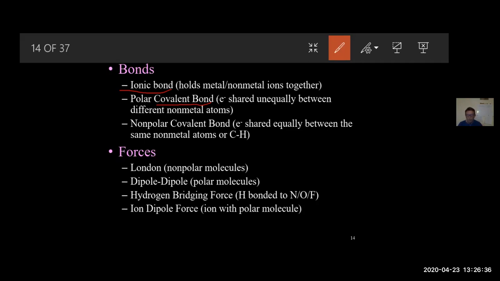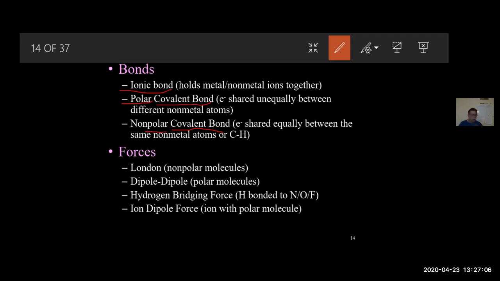If you have non-equal sharing because of electronegativity, in other words, two different atoms, you end up with a polar covalent bond. So it's unequal sharing involved there, creating a partial positive and a partial negative side for that particular compound. Then we have the covalent bonds that had equal sharing of the electrons in that bond, and those are nonpolar.